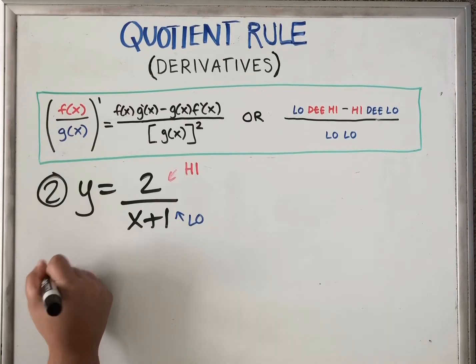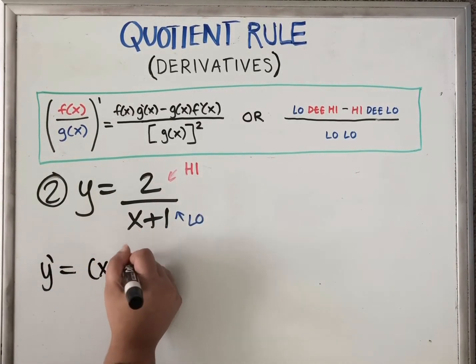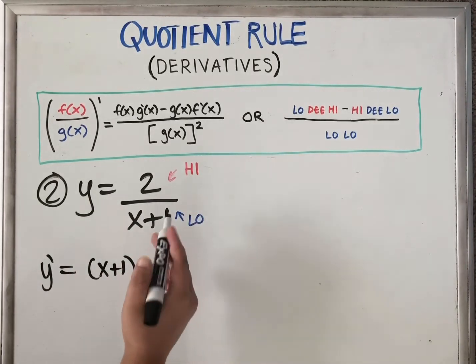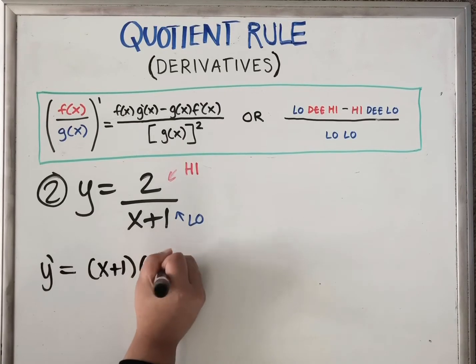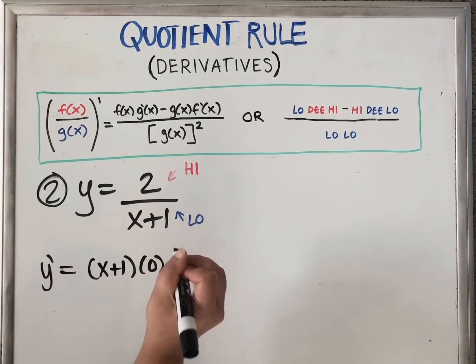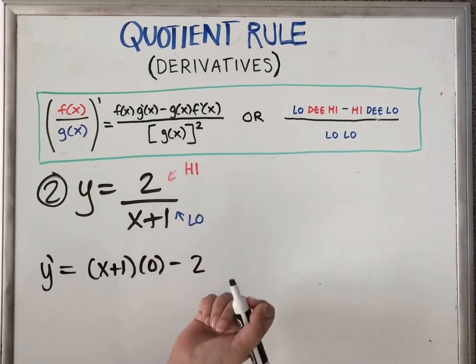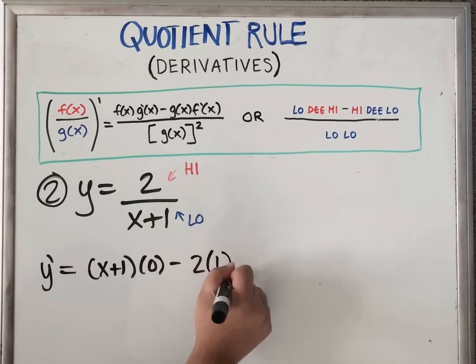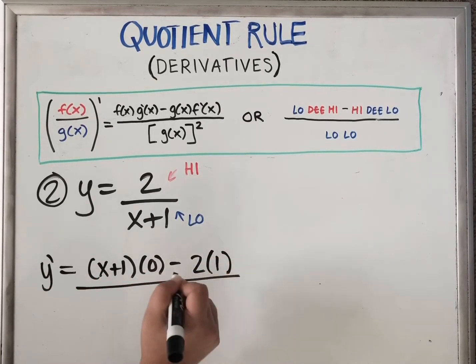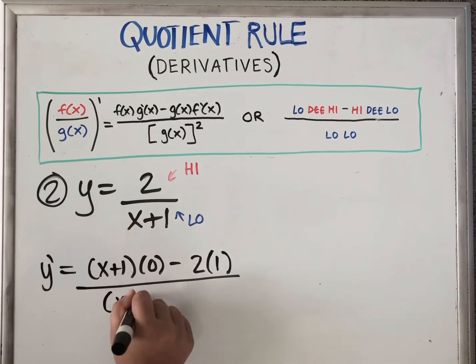So y prime equals low, which is x plus 1, d high, or derivative of high. The derivative of a constant is 0, minus high, which is our 2, d low, or the derivative of x plus 1 right here, which is just 1, over low times low, so x plus 1, x plus 1.